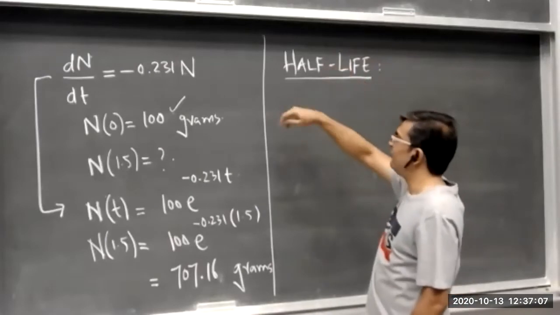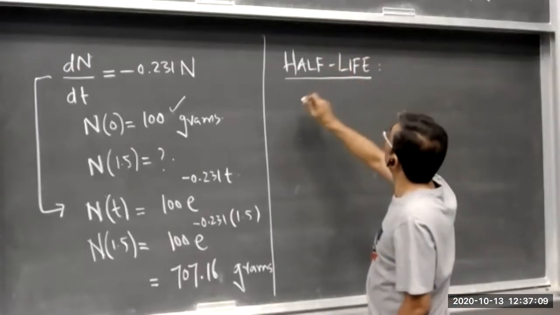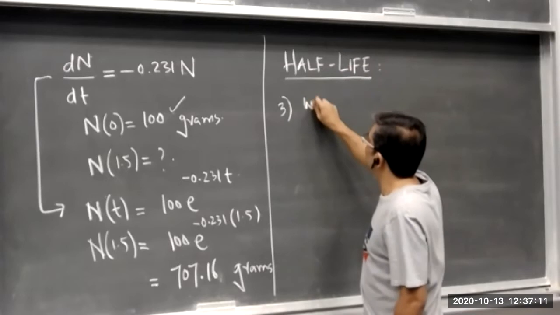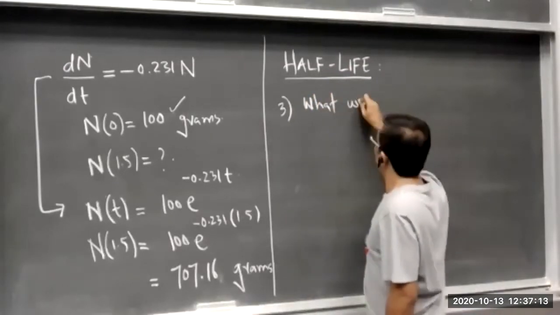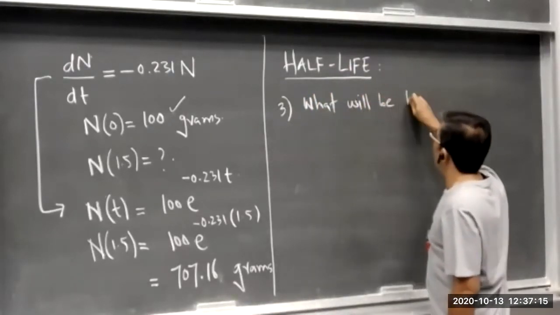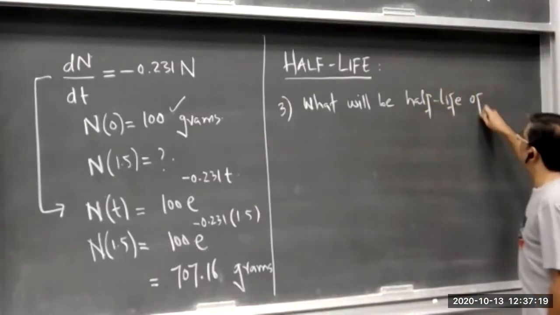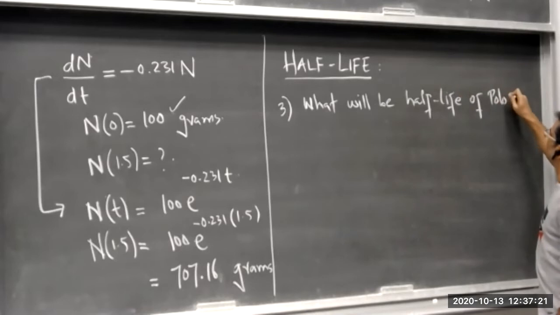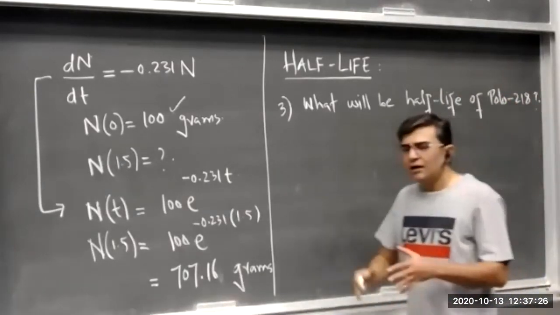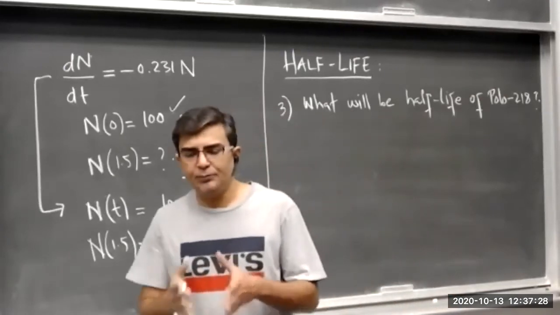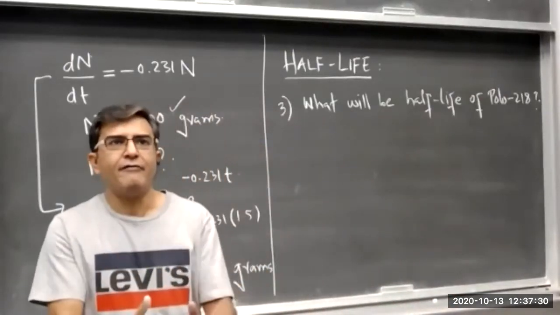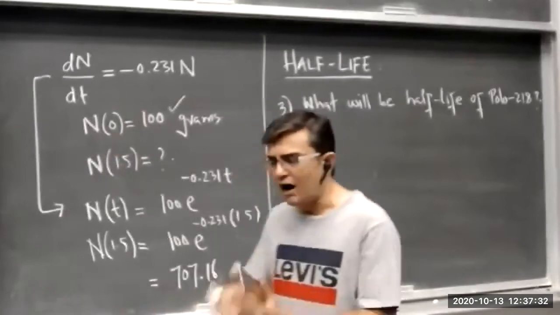Now, if someone asks us a third question here, what will be the half-life of polonium 218? That means in how much time this polonium will be halved, its amount will become half.